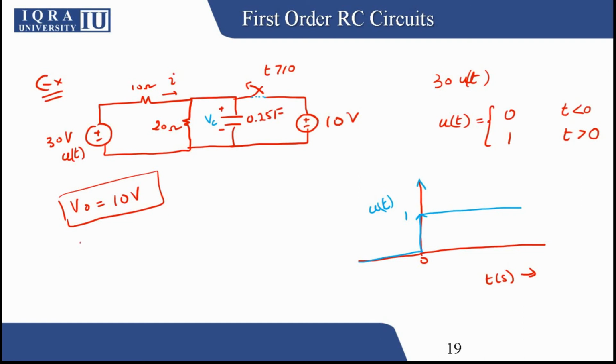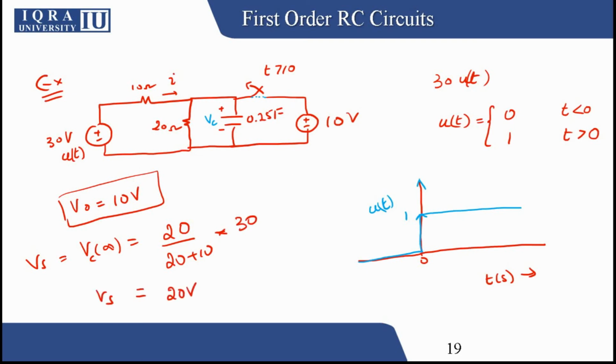So we call it V infinity, the final voltage across the capacitor, or you can say the new Vs. So 20 divided by 20 plus 10, multiplied by the voltage source 30, becomes 20 volts.